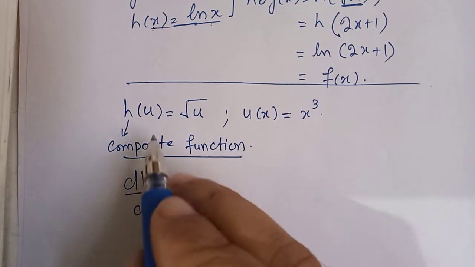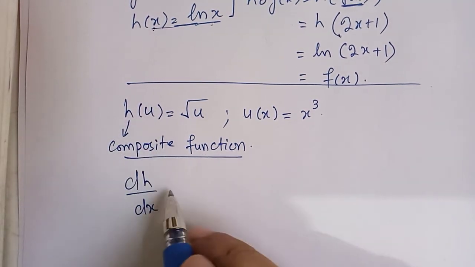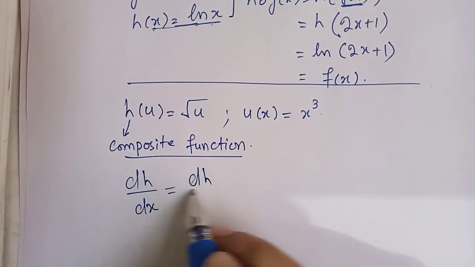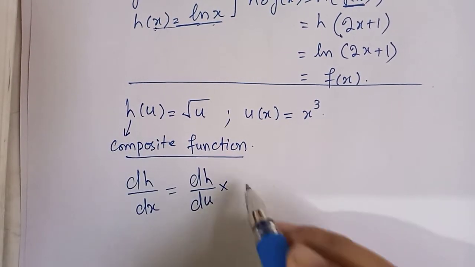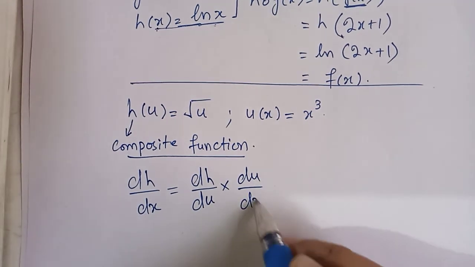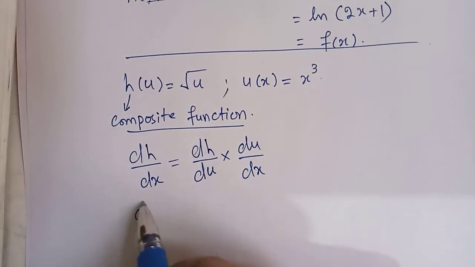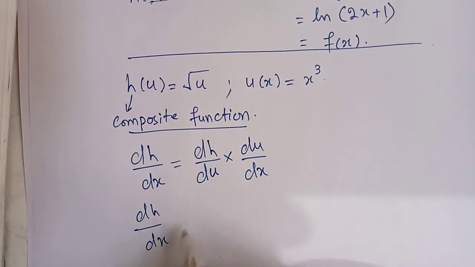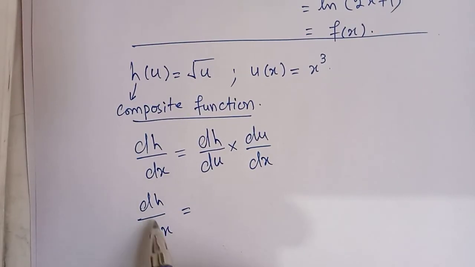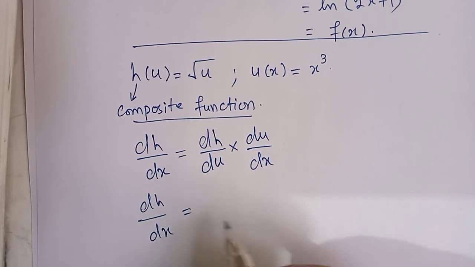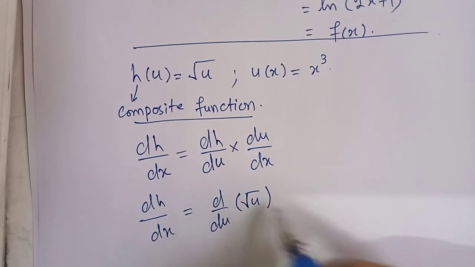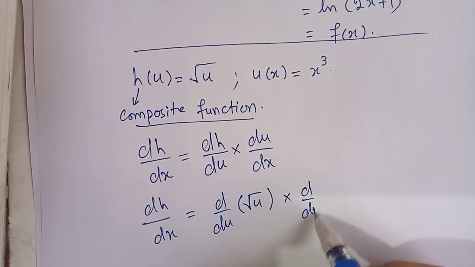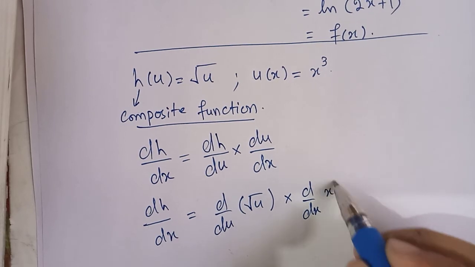If you perform the differentiation of this function with respect to x, first of all you need to differentiate it with respect to u, the independent variable, and then u with respect to x. So clearly dh by dx, you must read it as d by dx of h, where d by dx is the differential operator. So d by du of h, which is the square root of u, and then d by dx of u, which is x cube.